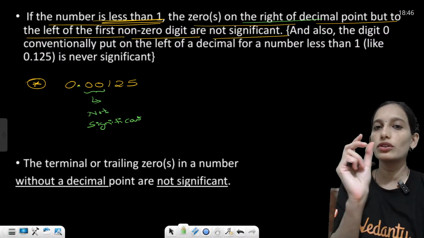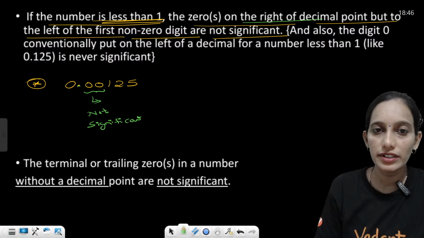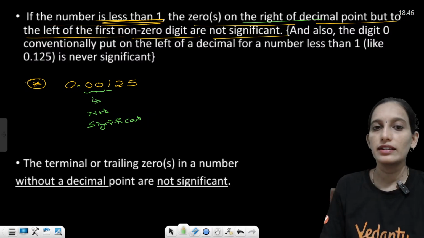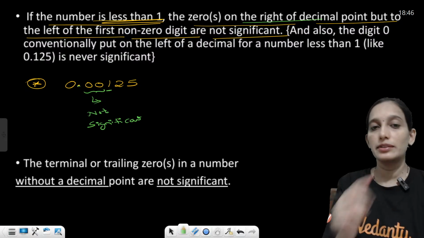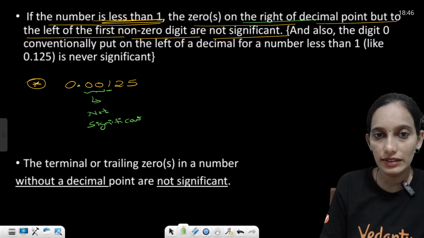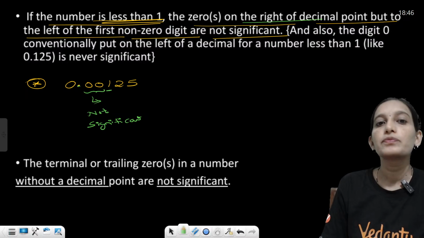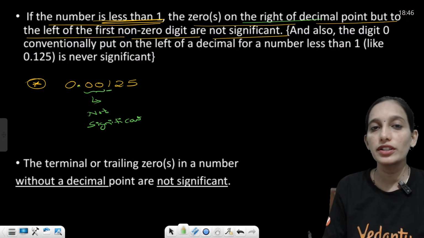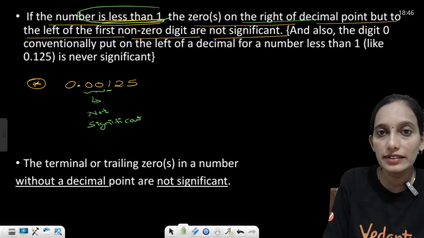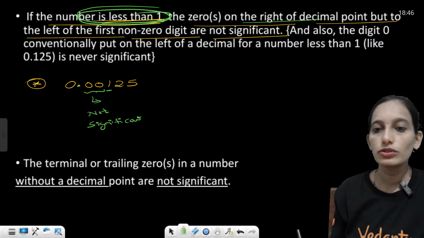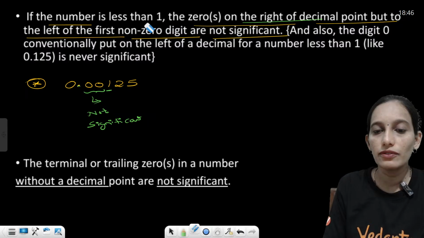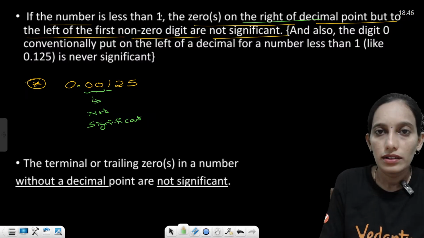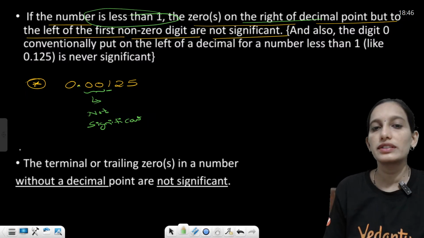Here the first non-zero digit is 1. So the zeros before it, after the decimal point, up to the first non-zero digit, for a number which is less than 1, are not going to be significant.